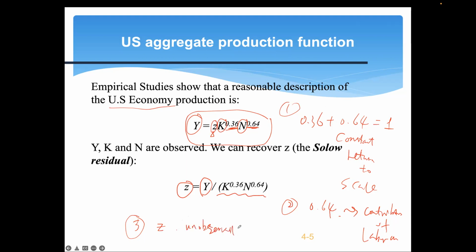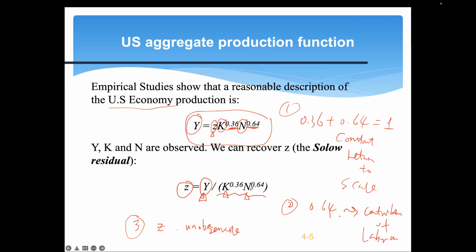What does that mean? When we look at data, we can measure how much we produce each year. That's the topic we have discussed in the previous chapter. We can measure how much capital we use every year, and we can also measure how many laborers are in place, or how many hours we work, as I mentioned.